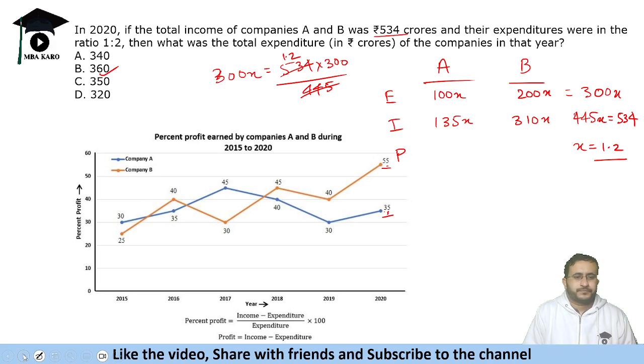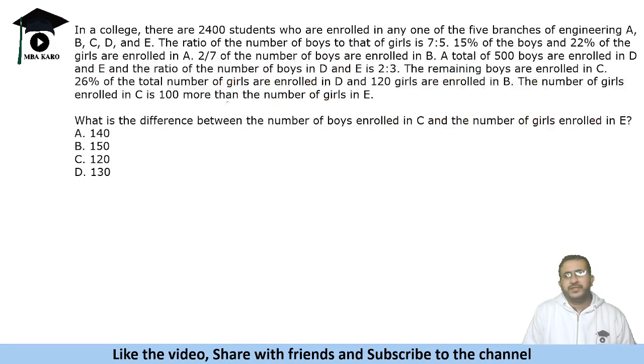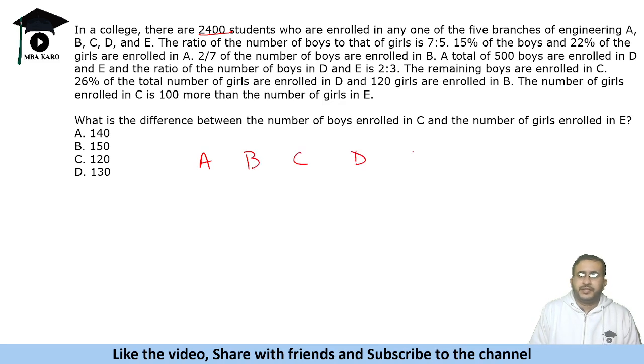The next set, which is again a caselet, says in a college there are 2400 students who enrolled in any course of the five branches A, B, C, D, E, and the ratio of boys and girls is given. Okay, so we will find the number of boys and girls in these branches.